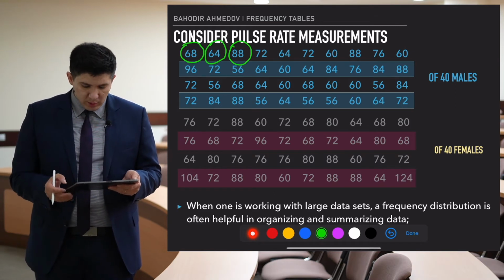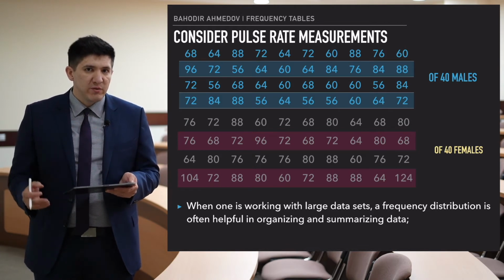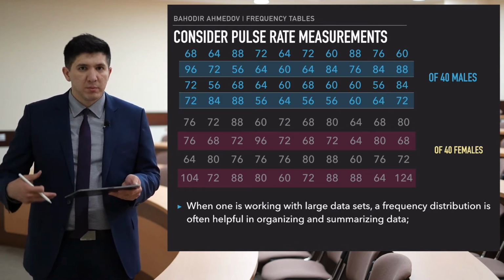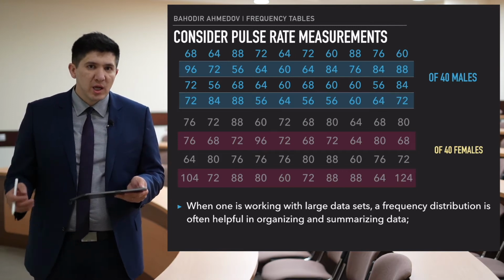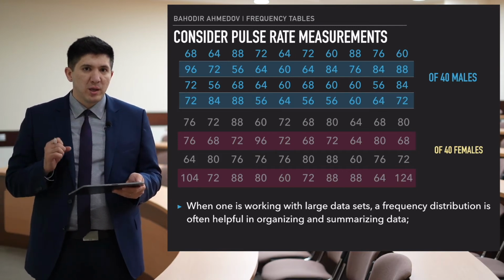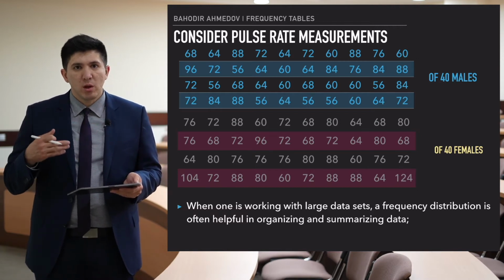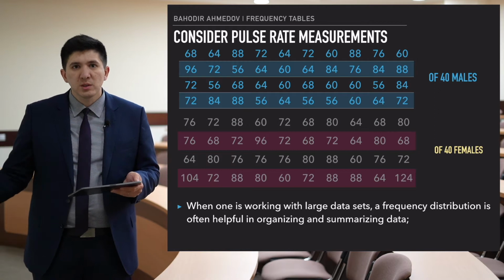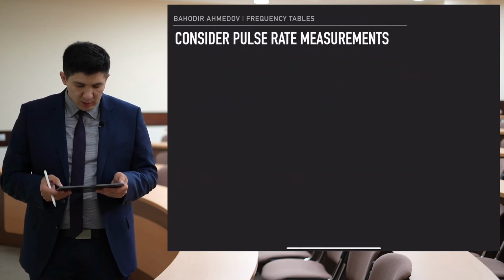So that is why we're going to learn how to summarize all of these data values in order to draw better and more efficient conclusions about the data. This type of small, compact table is called a frequency table. Essentially, we go through all of the data points and categorize them into ranges.